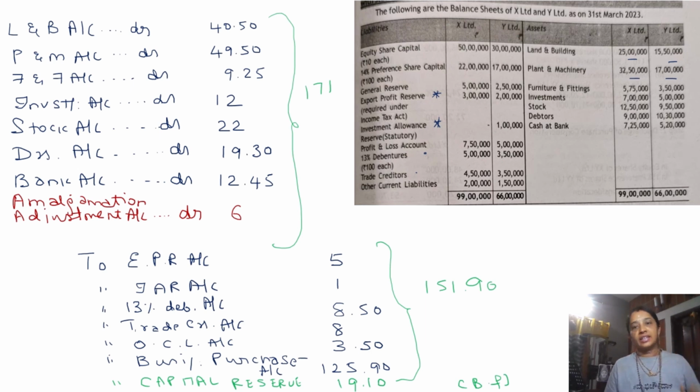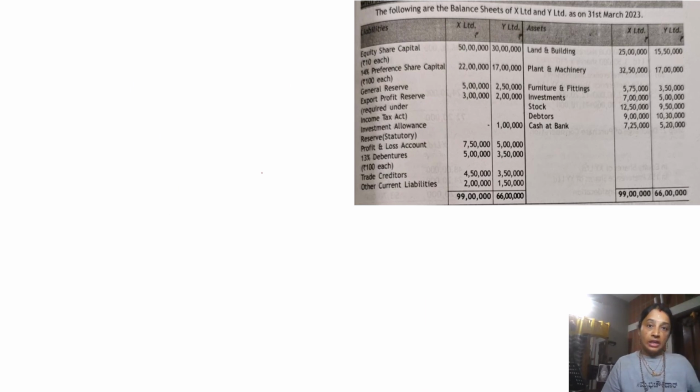So this is the second entry. Once the second entry is posted after transferring all the assets, outside liabilities and statutory reserve, we found that there was a capital reserve of 19,10,000. We post the third entry, where the purchase consideration will be discharged in the form of preference shares. Here you should remember the purchase consideration we calculated.